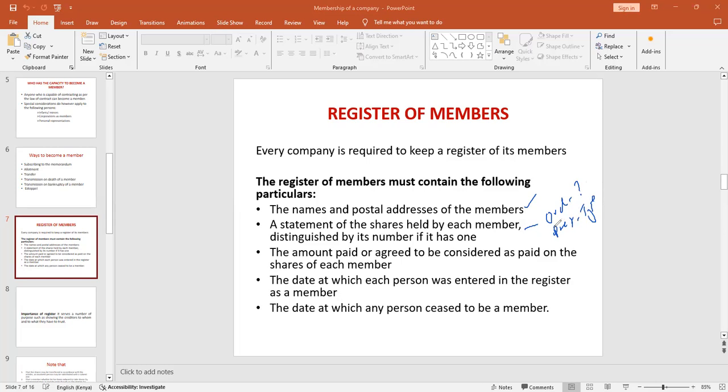We'll see the difference between ordinary and preferential shares. But also the amount you've paid or agreed to pay. Because again, there are scenarios where you can have shares, but you don't fully pay for them. But then there are scenarios where you will have shares and you 100% pay for them, is what I'm talking about.